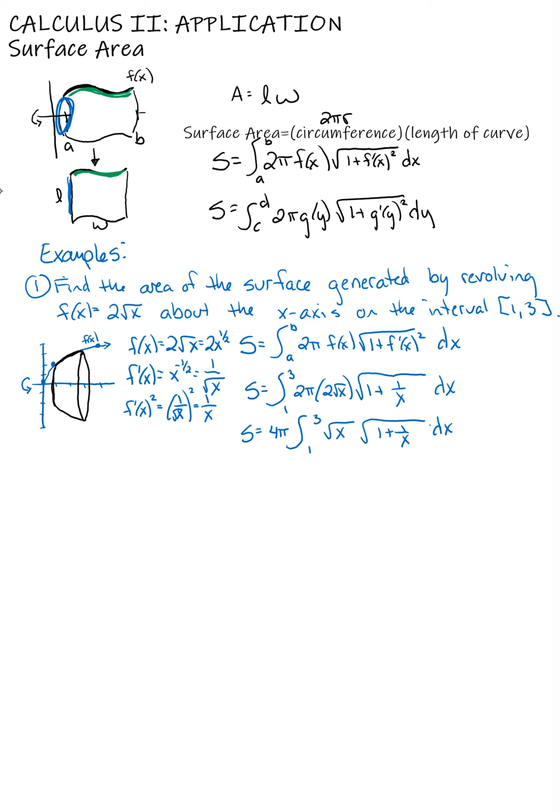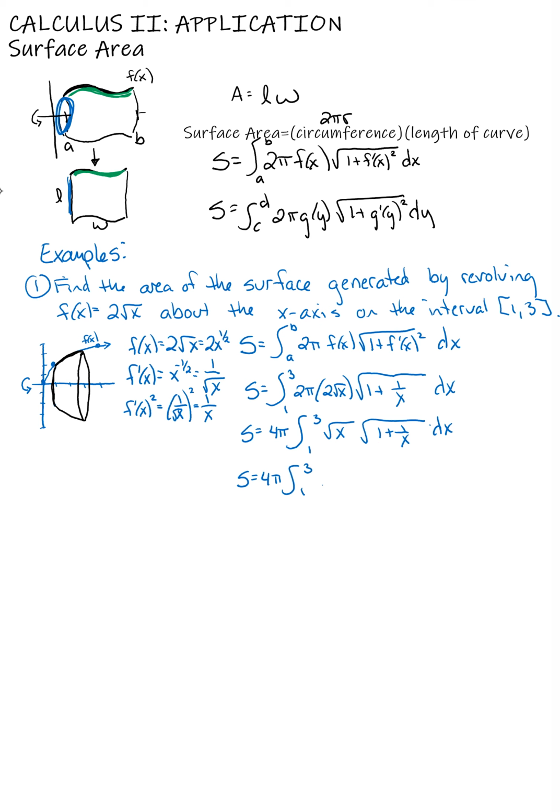All right, I think I can actually clean this up a bit more. There are a couple of ways of doing this. I'm just going to go ahead and distribute. I'm going to take this square root of x and distribute it into the second radical. They're both radicals, so I can go ahead and put them both in there.